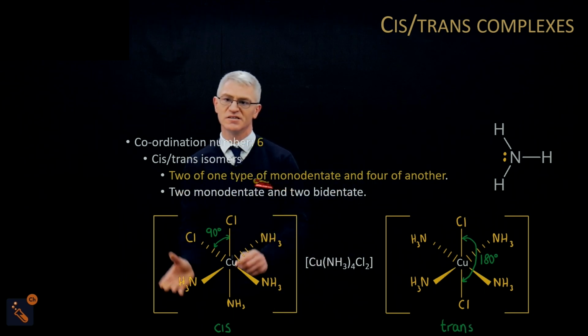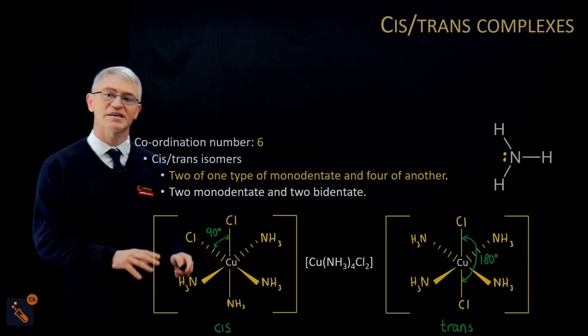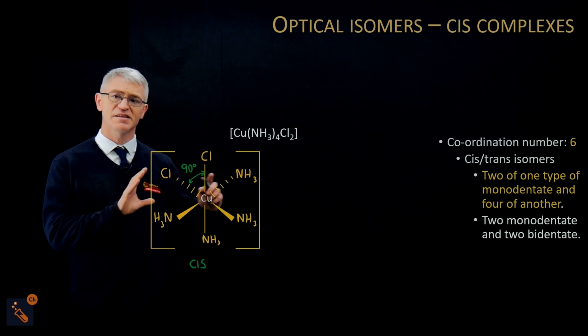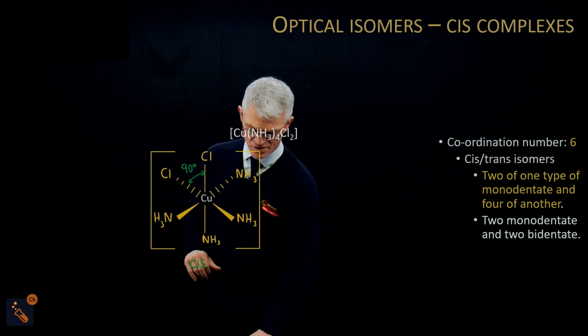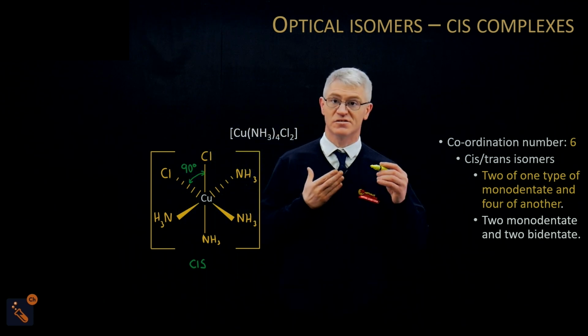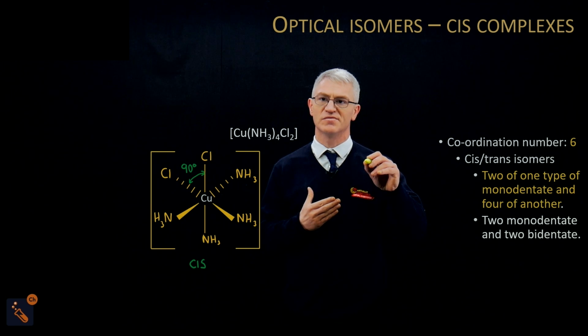So we've got our cis and we've got our trans, but what we're going to do is take our cis, and that cis we can turn into an optical isomer. All we have to do is keep it very simple. So I'm going to do exactly the same as I've done before.